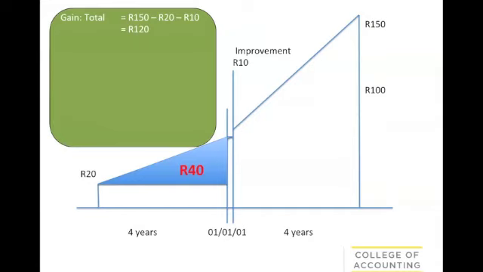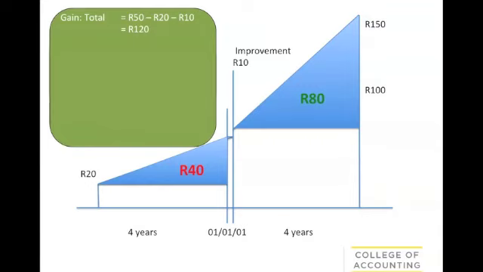Overall, we've made a gain now of 120 Rand, being the 150 Rand selling price, minus the initial purchase price of 20, and minus the improvements of 10. However, we can no longer say that that gain has grown equally over the 8 years that we've owned the asset.